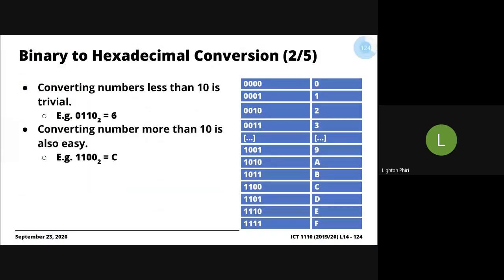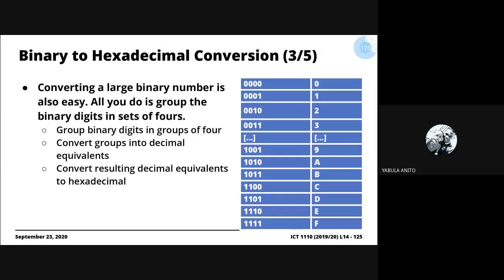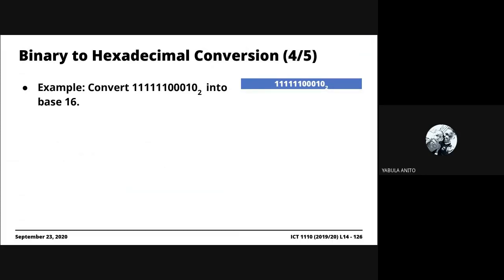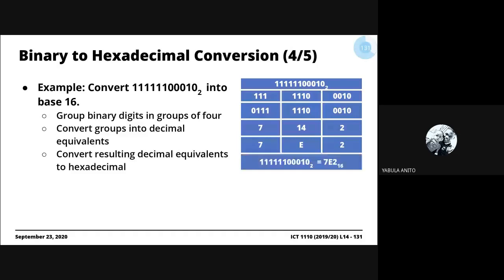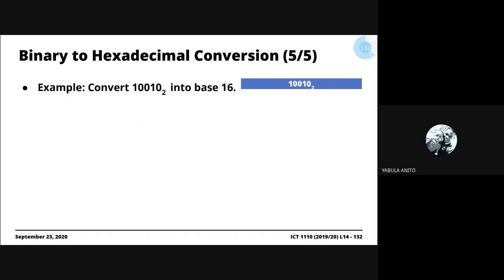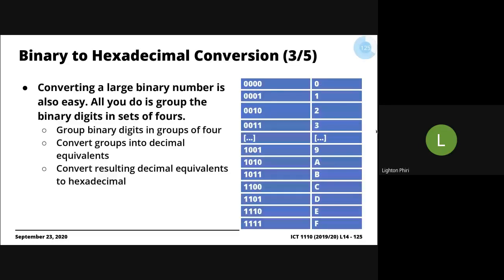Is it before or after this slide? Not this one. This one? No. Which one then? This one? 125 or 35? Yeah, I was on 125. 125 is this slide here, which is why I'm skimming through the slides to find out which exact one.